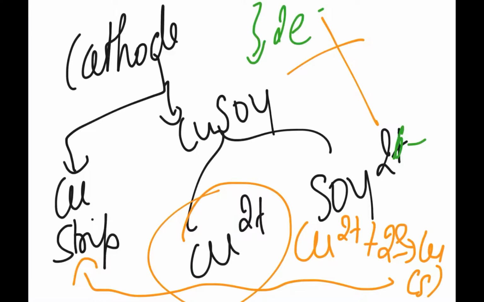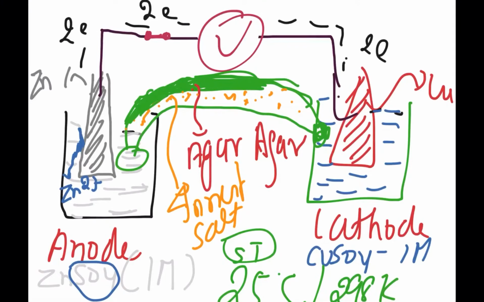So what I can infer from this is, if I go back to this diagram, these 2 electrons go to the copper 2 positive here, and they bring about a reaction which will lead to generation of more copper solid, and what in turn happens is copper 2 positive is deposited as copper solid.